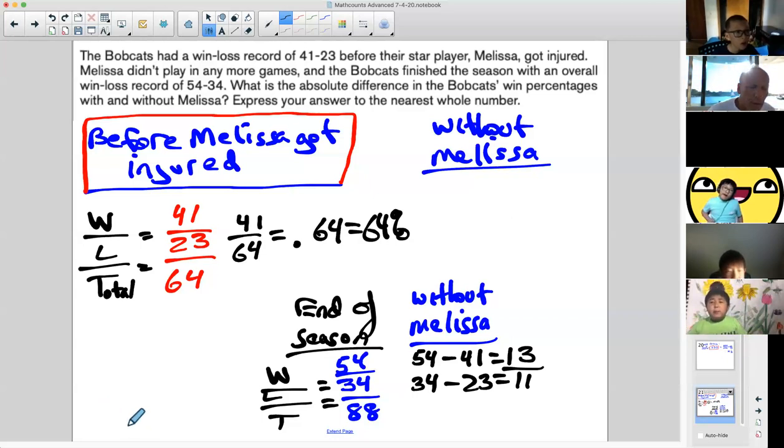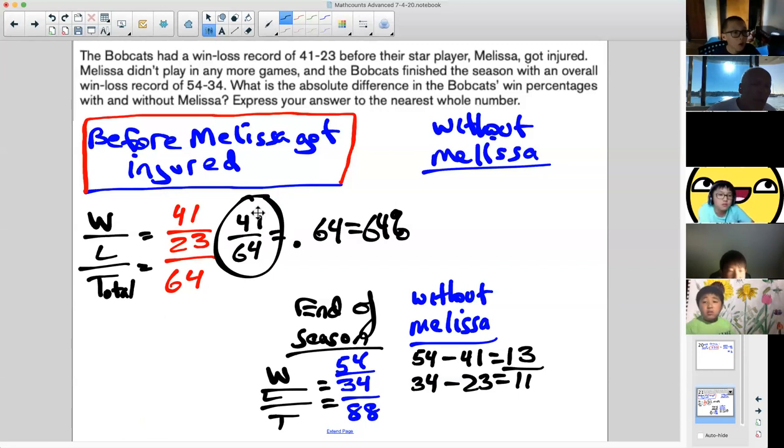Wait, I thought win percentage was the win over total. Yes, it is. But Ray, the first one is the win percentage, which is 64% before Melissa got injured.